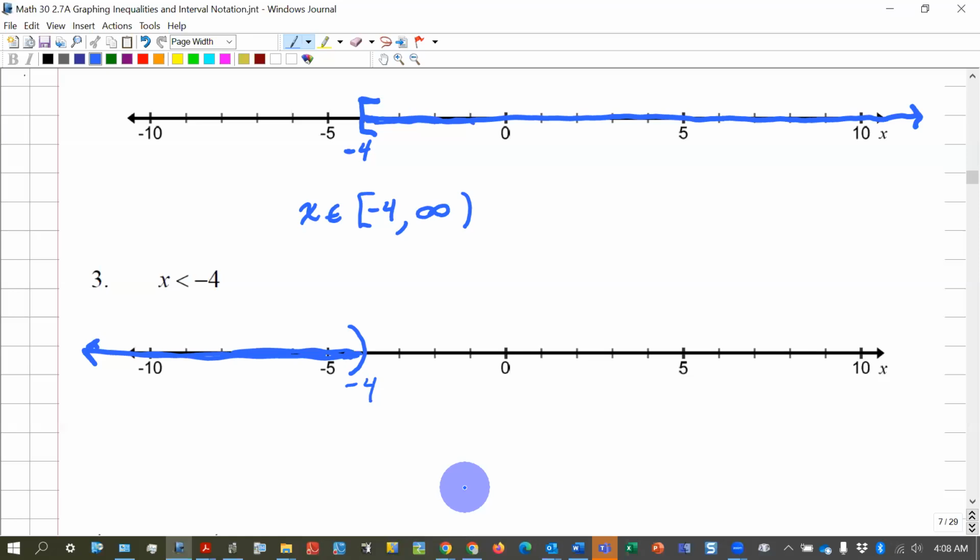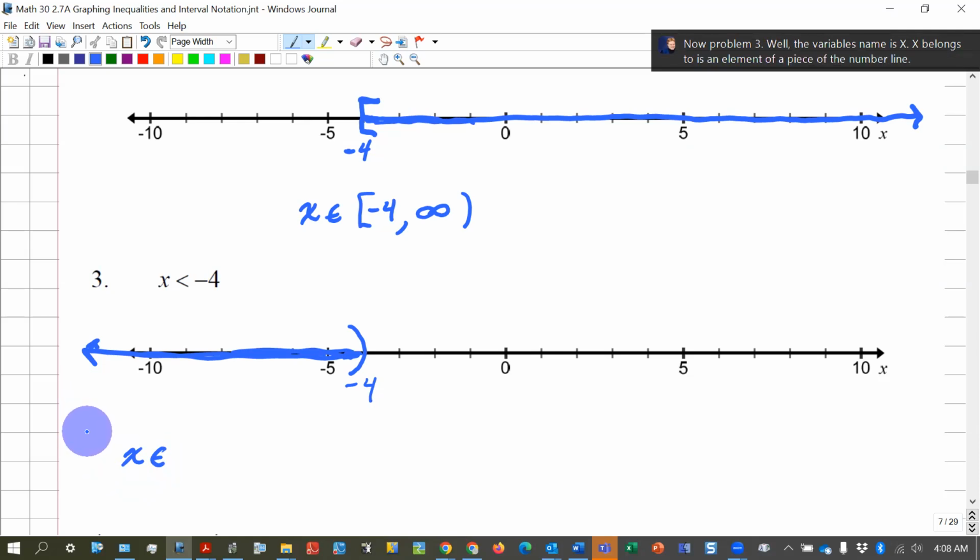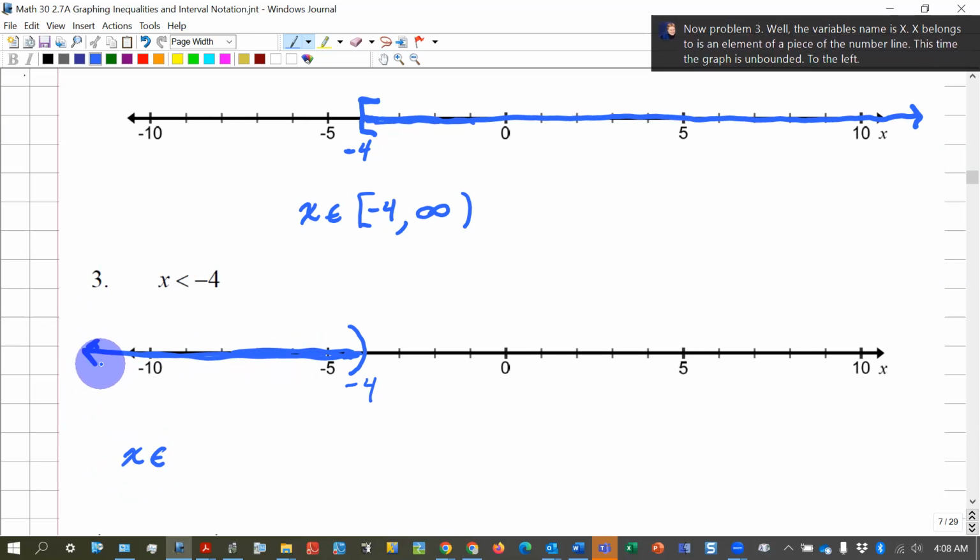Now problem 3. Well, the variable's name is X. X belongs to, is an element of, a piece of the number line. This time, the graph is unbounded to the left, and on the right, it's bounded by -4.